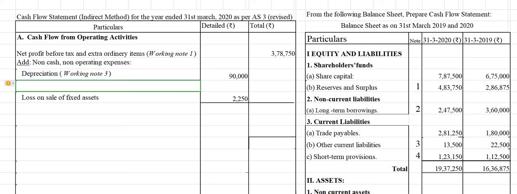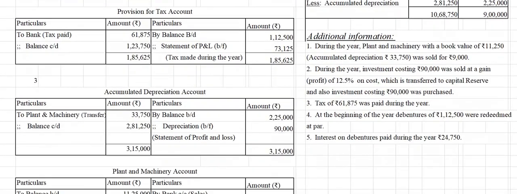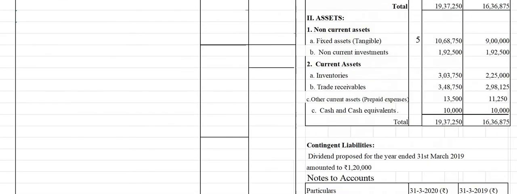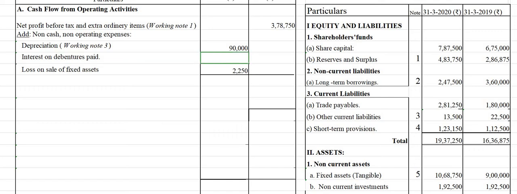Then another item is interest on debentures paid during the year. It is given in the additional information. Interest on debentures paid during the year 24,750. So that also we can write, interest on debentures paid 24,750. Okay.